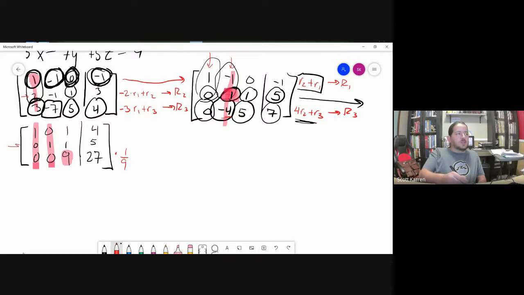I can't add multiples of the other rows, otherwise I'm going to mess up with these zeros, and I don't want to do that. So I'm just going to multiply this by 1/9, and that gives me row 1 and 2 are unchanged. 1, 0, 1, 4, 0, 1, 1, 5, and then this is 0, 0, 9 times 1/9 is 1, 27 times 1/9 is 3.